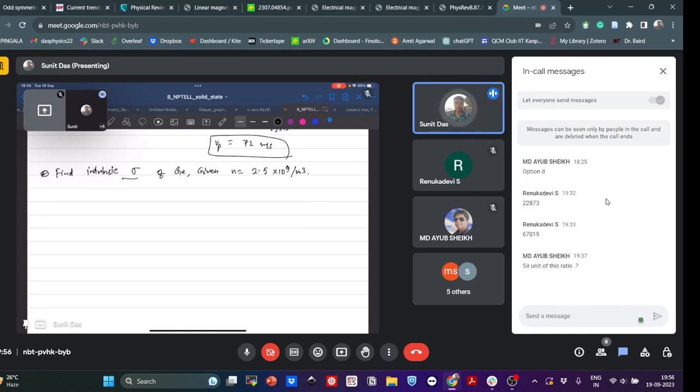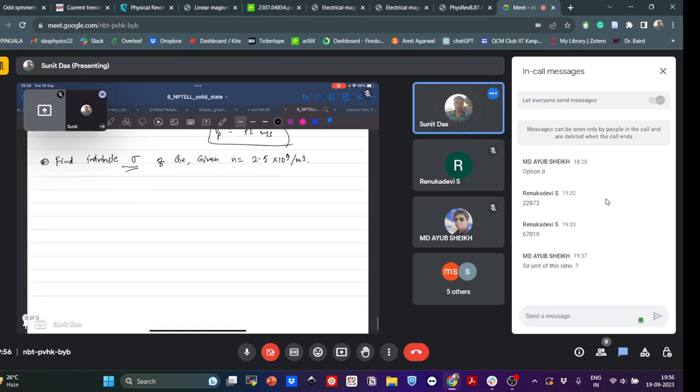So find intrinsic sigma. Intrinsic means the number of holes and number of electrons are same. Germanium is a semiconductor, so we usually dope the semiconductor to increase its conductivity. But intrinsic ones are those materials which have equal number of holes and electrons.